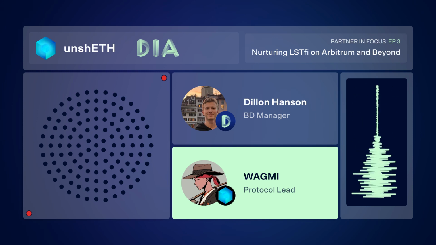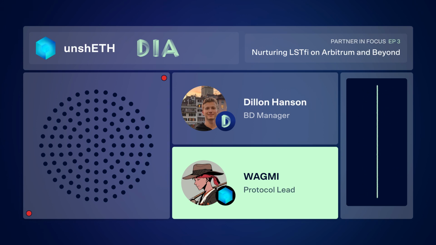So what LSPs have traditionally done is acquire users through a lot of incentives to go stake the LST with them. So basically, offering airdrops or token rewards for users using the LST in DeFi applications.